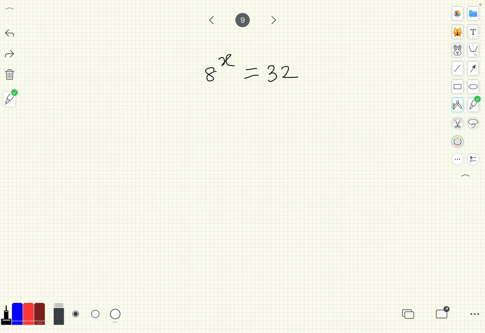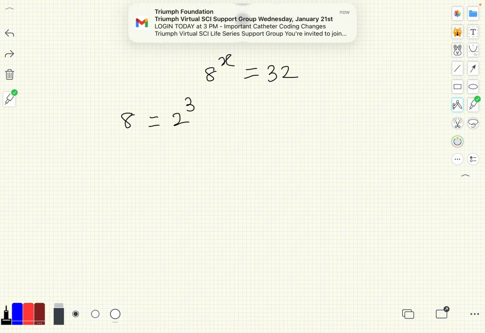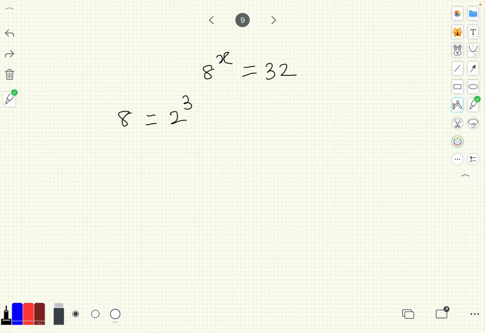The key idea here is to rewrite both the numbers using the same base. So I'm going to think 8 can be written as 2 to the 3 and 32 can be written as 2 to the 5.